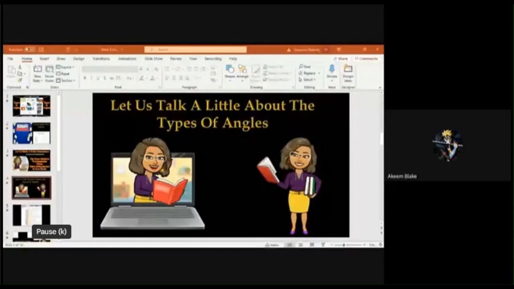What would be the end measurement for an acute angle? I didn't hear you. Will you repeat? So if the starting measurement for an acute angle is 1 degree, what would be the end? What is the most an acute angle can measure?